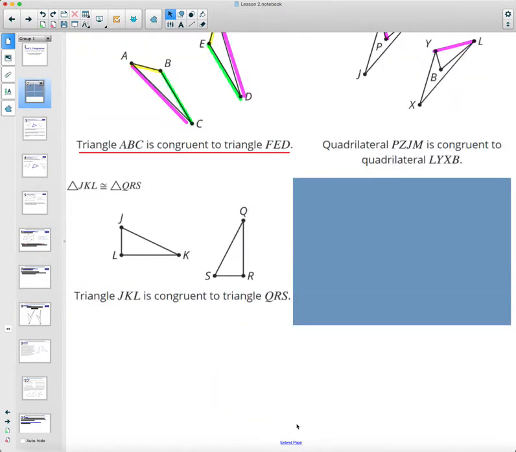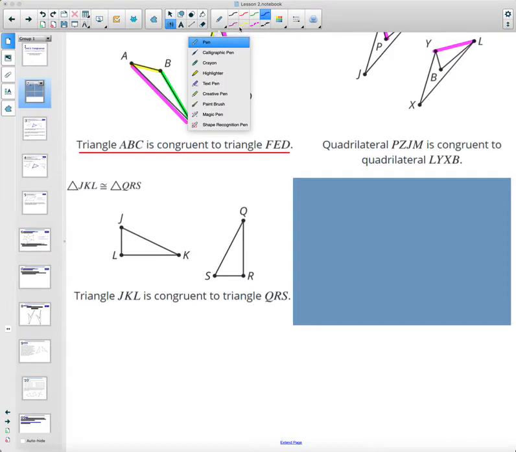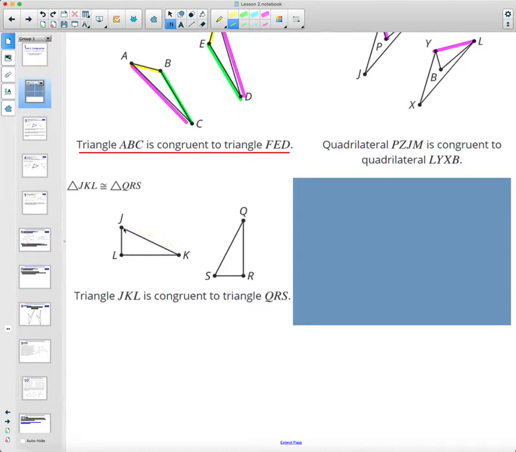Next one, triangle JKL, congruent to QRS. So let's draw these in order. Taking a look, JK with QR. Okay, and those are not corresponding sides, so they did not go in the correct order there.